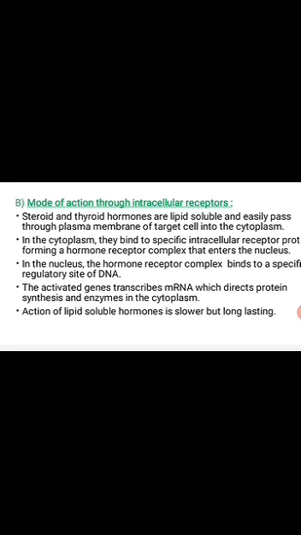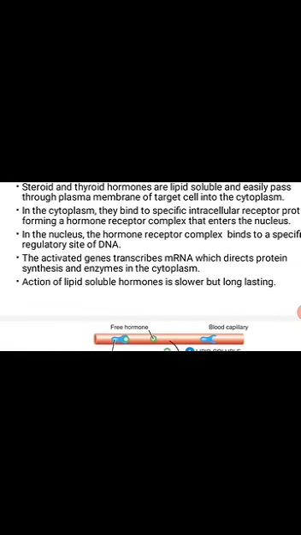So the steroid and the thyroid hormones, being lipid soluble, directly enter inside the cell, into the cytoplasm. In the cytoplasm, they bind with the specific receptor protein and form the complex. Now this complex enters inside the nucleus. After entering the nucleus, they bind with the specific regulatory site of DNA, and the transcription of mRNA takes place.